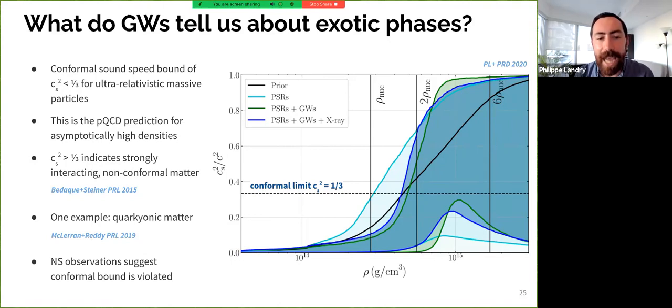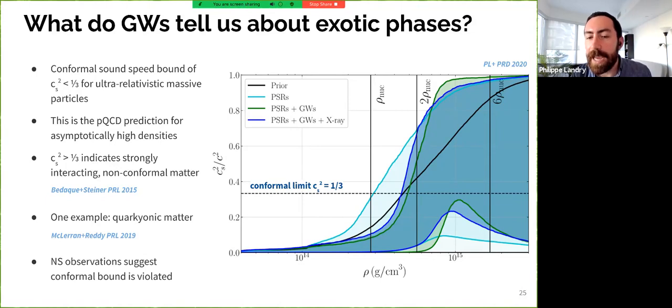In the absence of strong interactions between hadrons or some other phase, we might expect the sound speed to monotonically asymptote to this limit. What I'm showing here in blue is the constraint on the sound speed inside the star after all the observations have been considered.